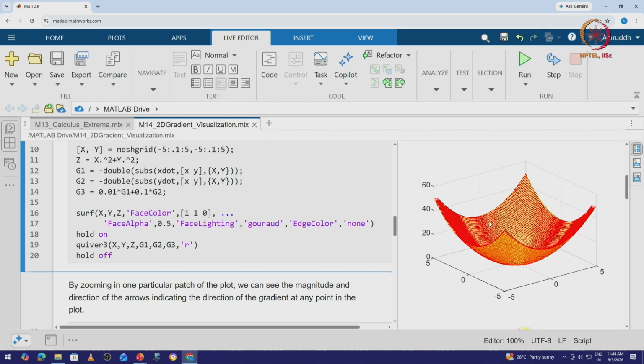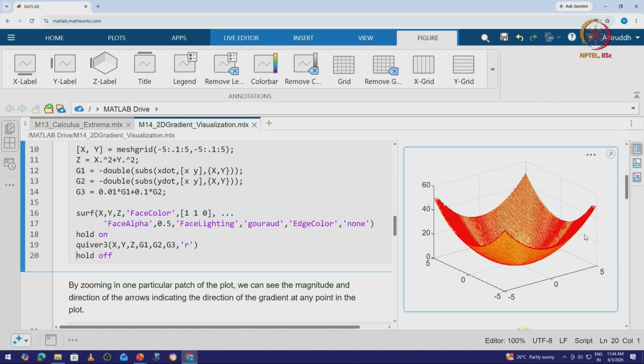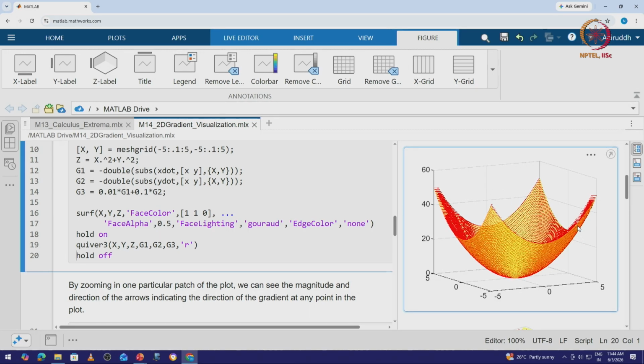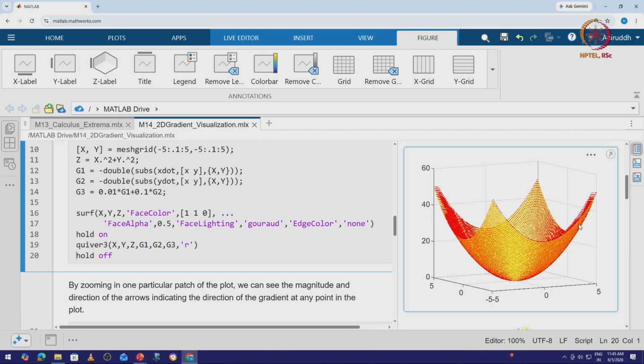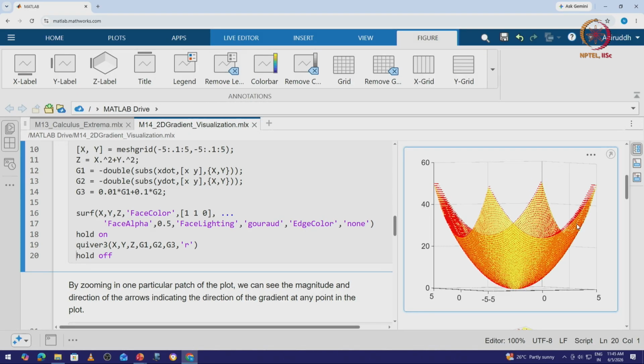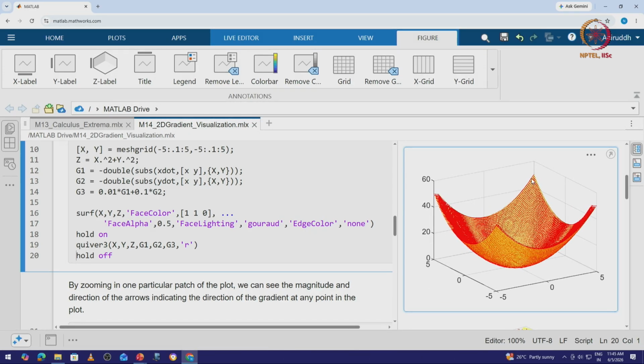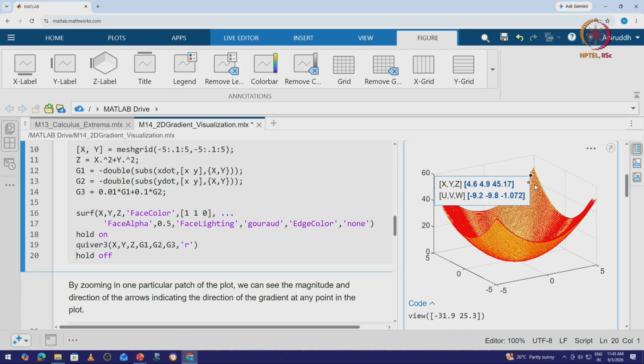So in the same function, if we just plot the arrows using the quiver function and identify only the negative of the direction, we can observe that the arrows are actually pointing outwards, and on a closer look it would actually highlight that the arrows point towards the minima part of the curve, essentially giving us the direction.